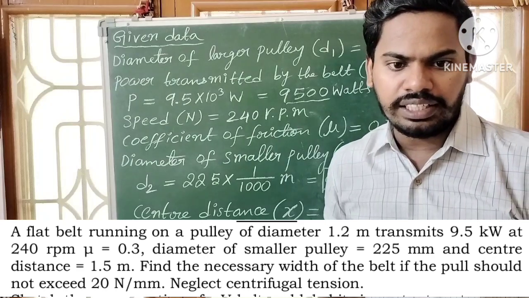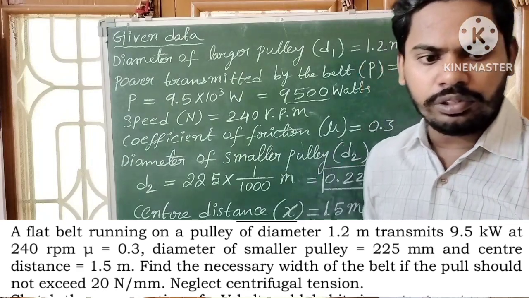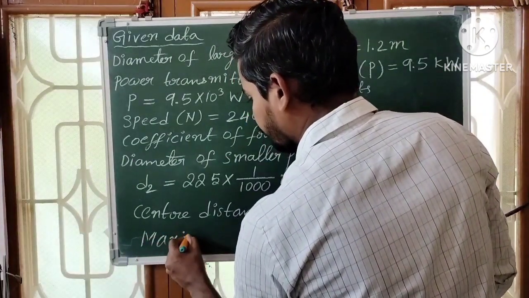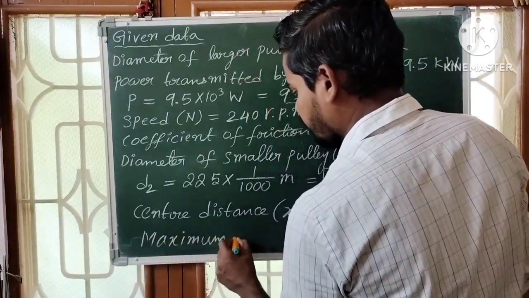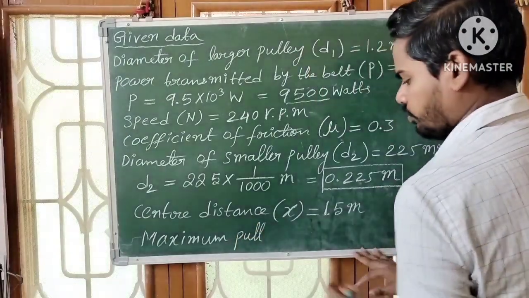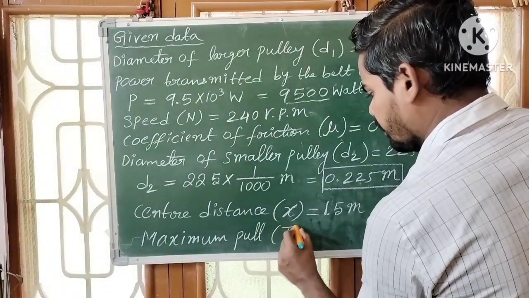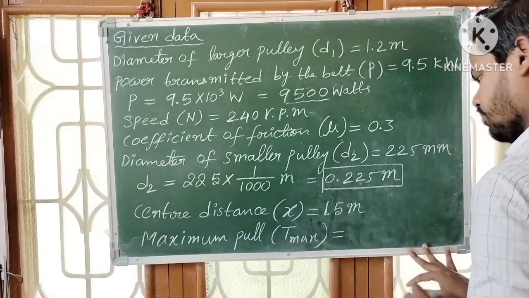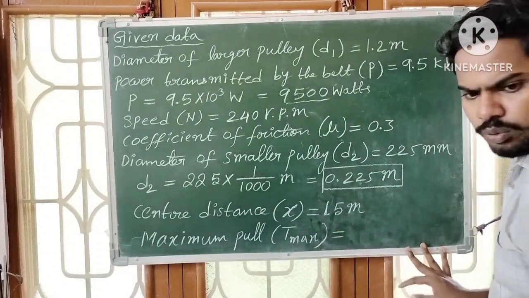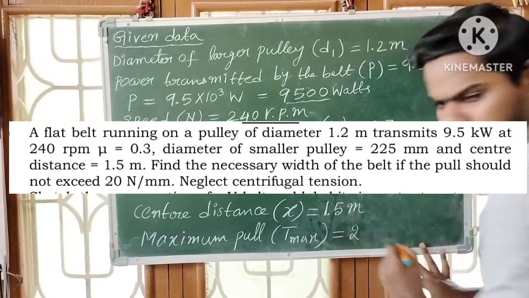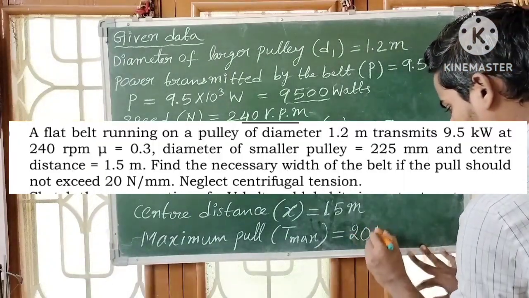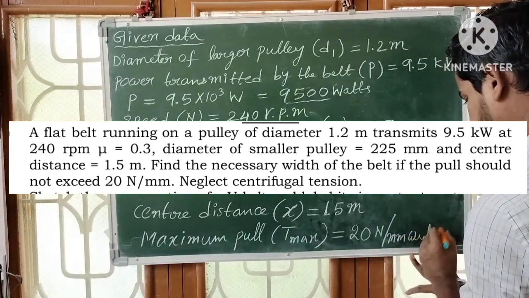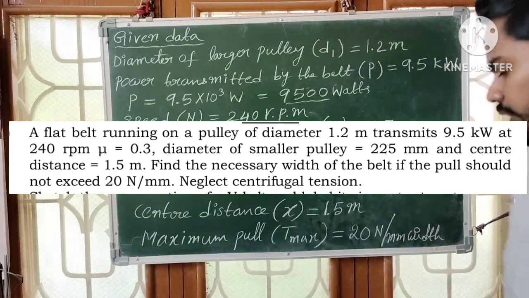Find the necessary width of the belt if the pull should not exceed the maximum pull. The maximum pull, T max, is equal to 20 newtons per mm width of the belt.